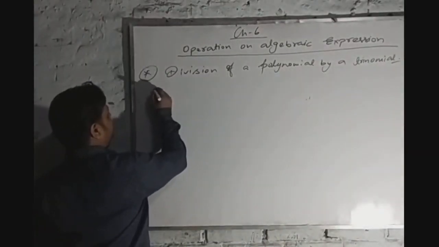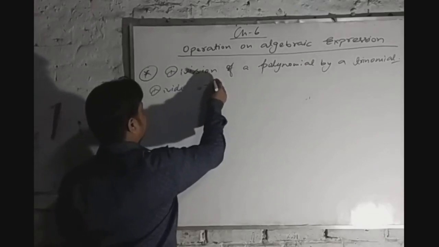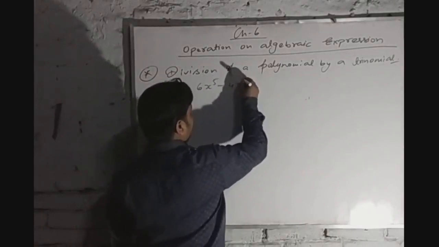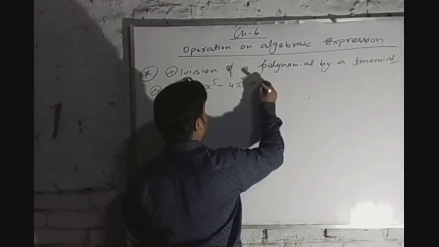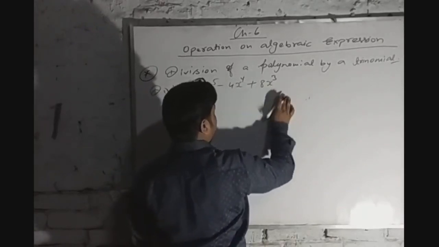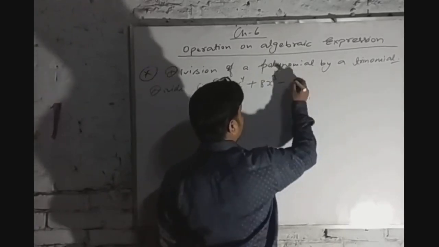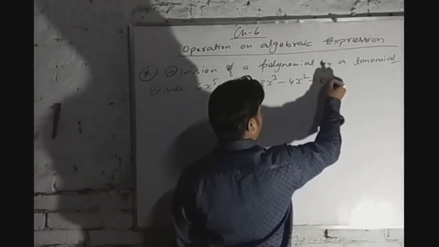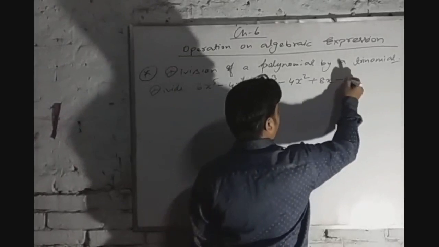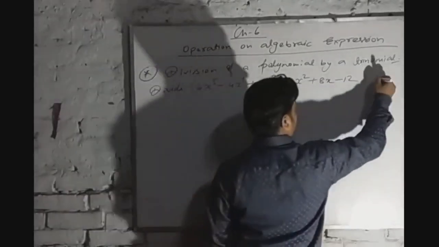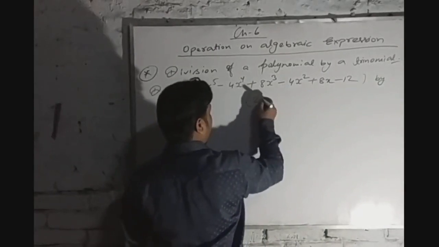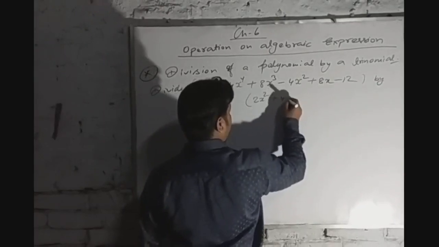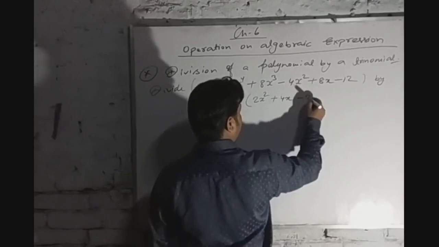If the question is that divide 6x to the power 5 minus 4x to the power 4 plus 8x to the power 3 minus 4x square plus 8x minus 12 by 2x square plus 4x minus 2.